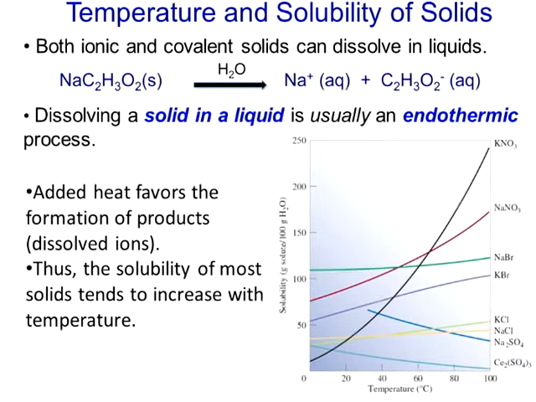Okay? Now, adding heat favors the formation of products then. Okay? Because if you add heat, it drives it to the right side, because it's an endothermic process. Endothermic process means adding heat favors more of the material being dissolved.